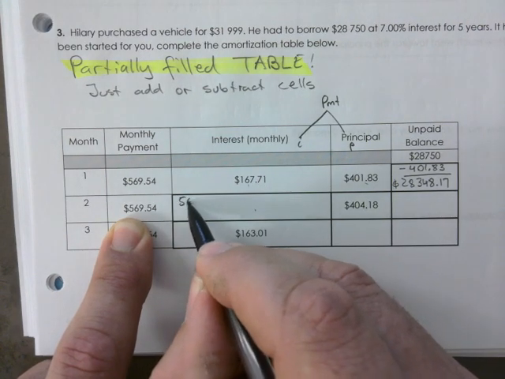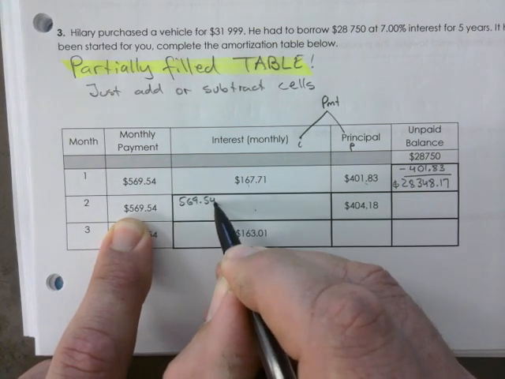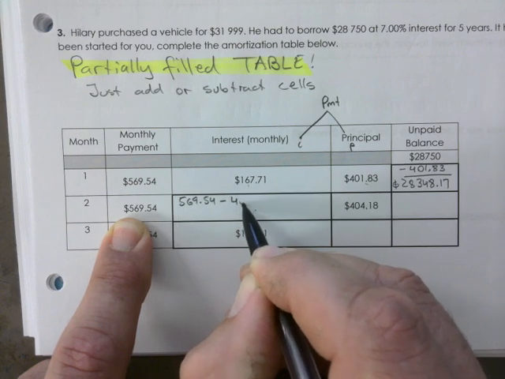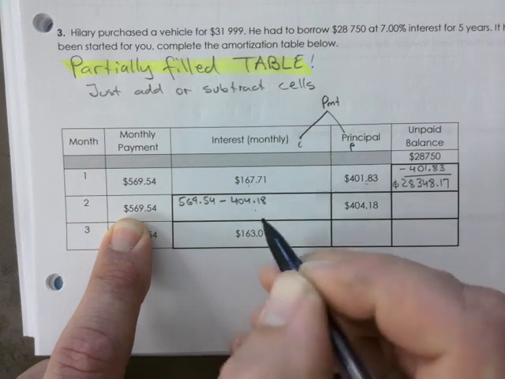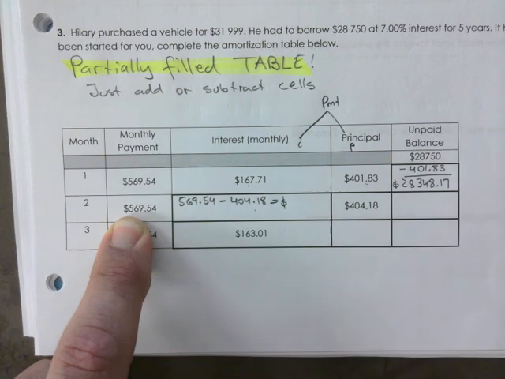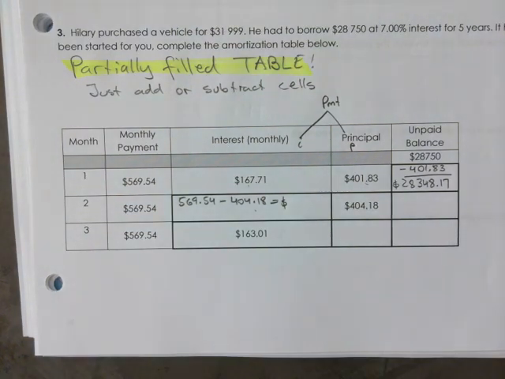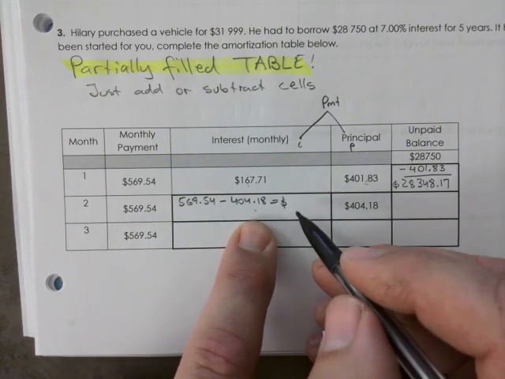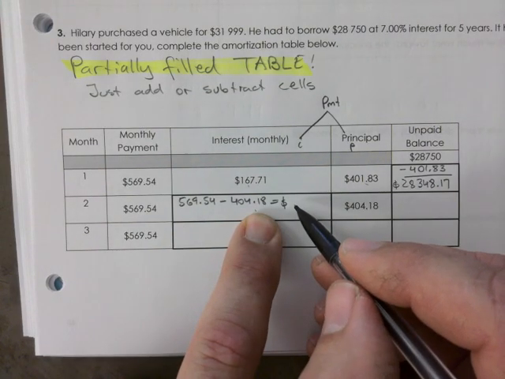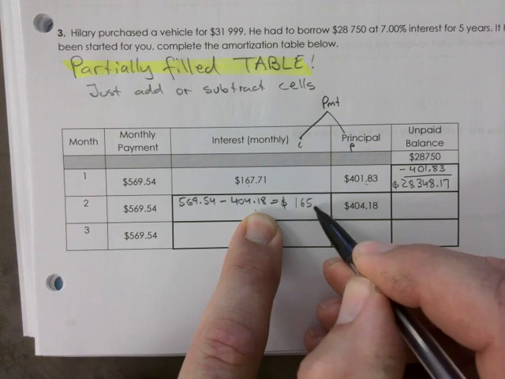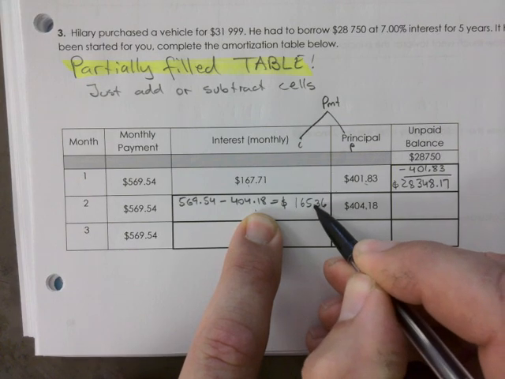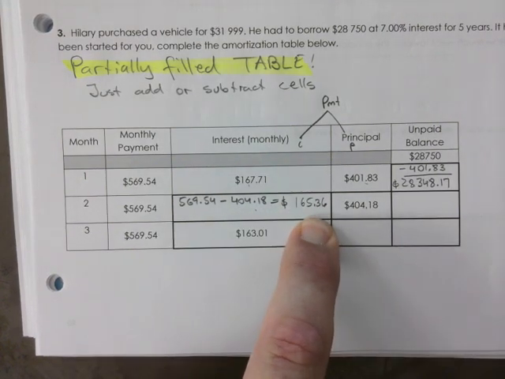All you need to do is 569.54 minus 404.18. And I'll tell you straight up front how I make these. I have a spreadsheet, Excel spreadsheet. It fills it all in for me, and then I just blank out some of the values, and then I give that to you. That's how I make these. So you subtract, and then you get 165.36. Boom, you got that. Another mark.